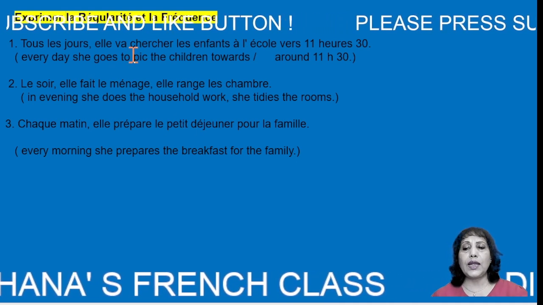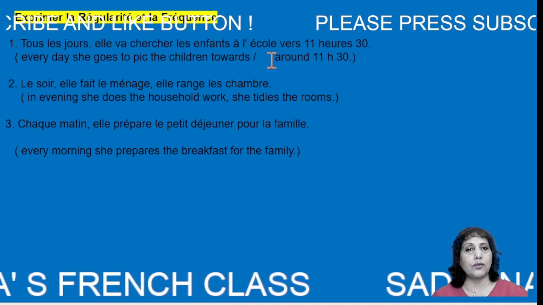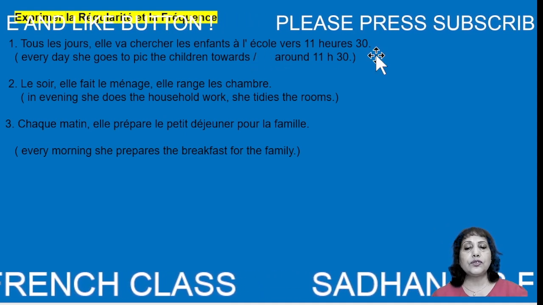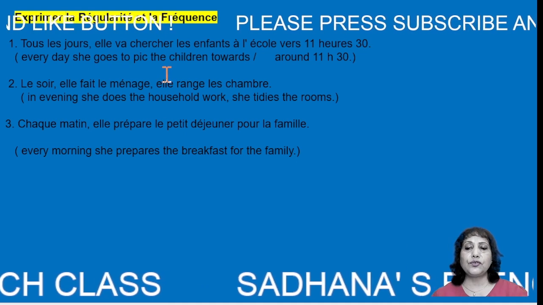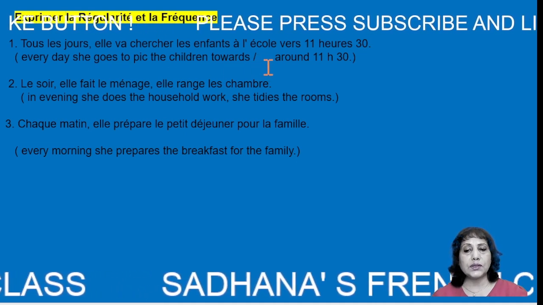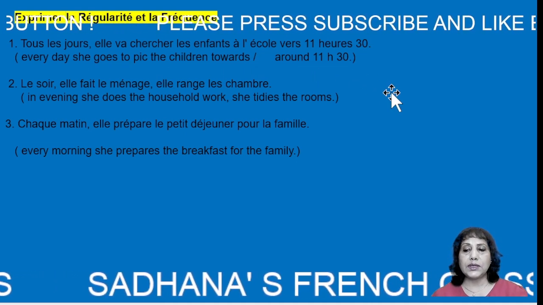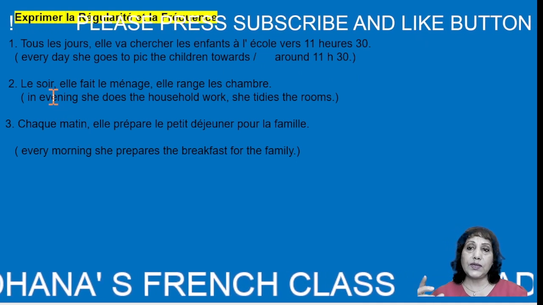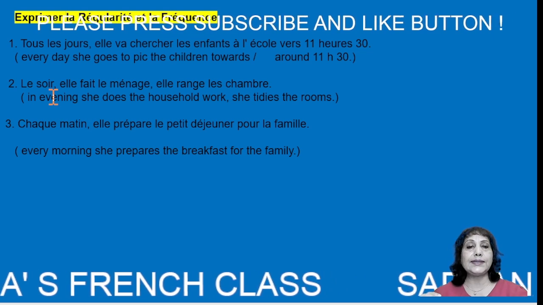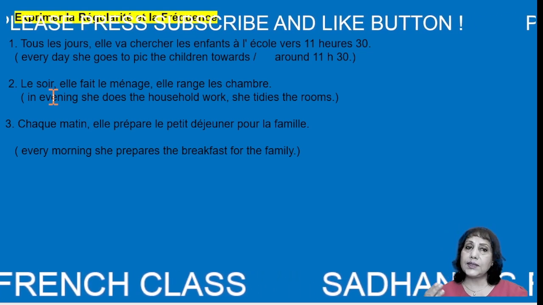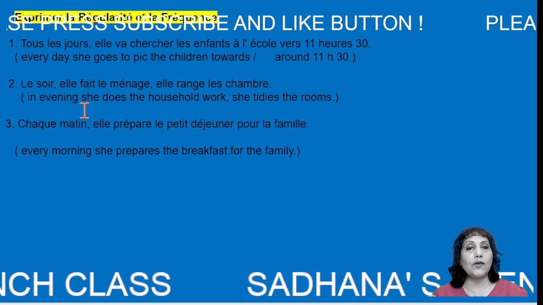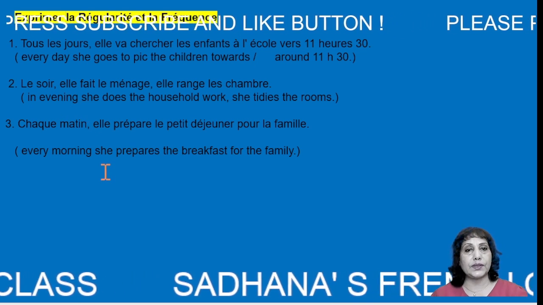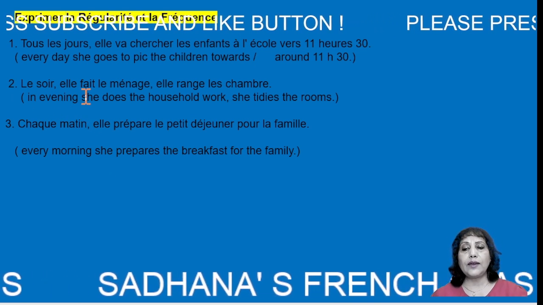So, tous les jours elle va chercher les enfants à l'école vers onze heures trente. Every day she goes to pick the children around 11:30. Le soir, in the evening. So when every day you do some work routinely, you just add these kinds of words which tell the frequency. Le soir, elle fait le ménage.